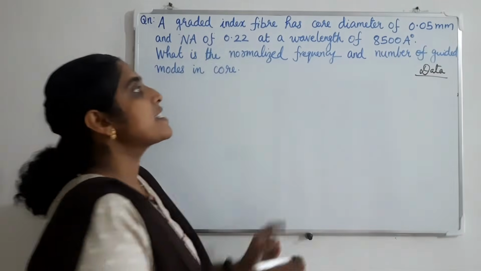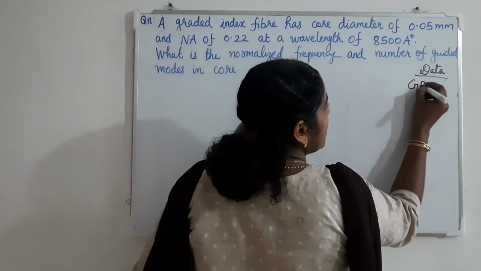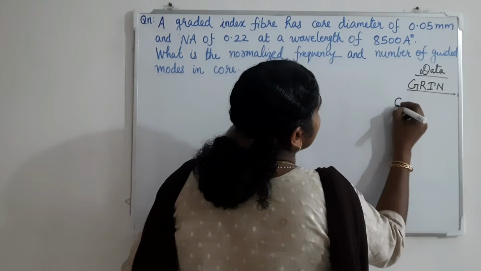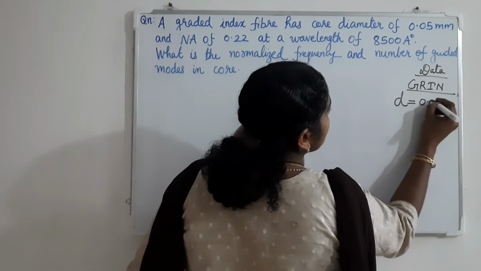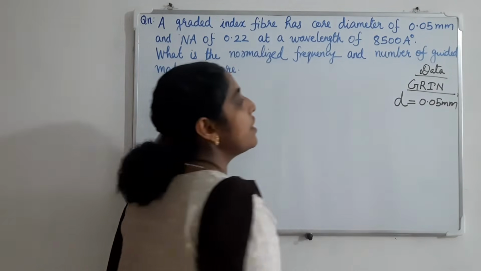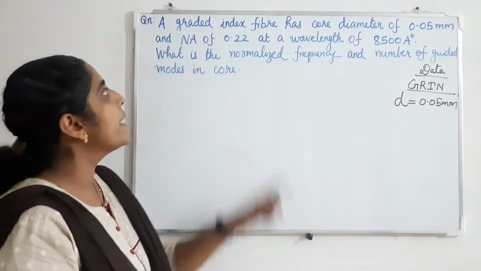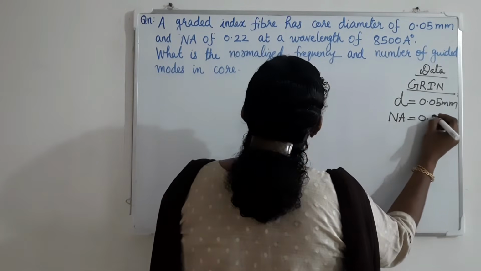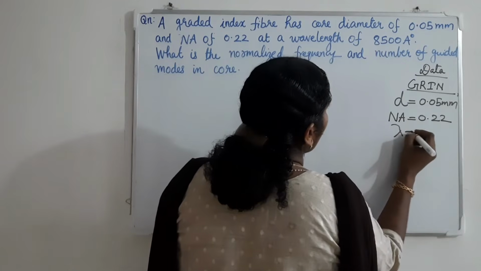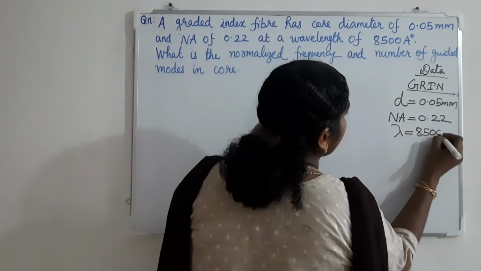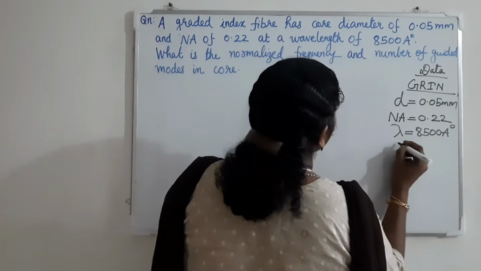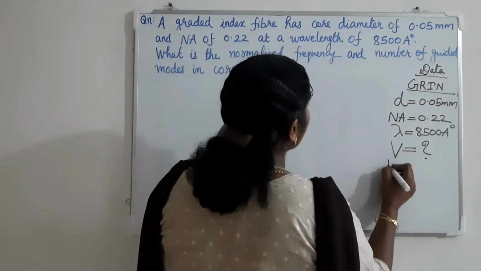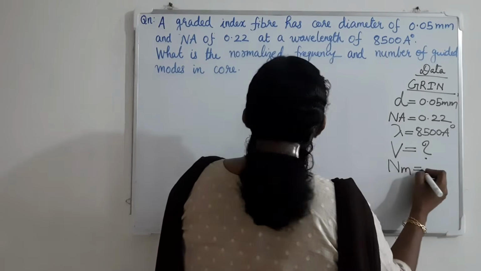The fiber is graded index, the core diameter D equal to 0.05 mm, and a numerical aperture of 0.22 at a wavelength of 8500 angstrom. What is the normalized frequency, that is V number, and the number of guided modes in the core?